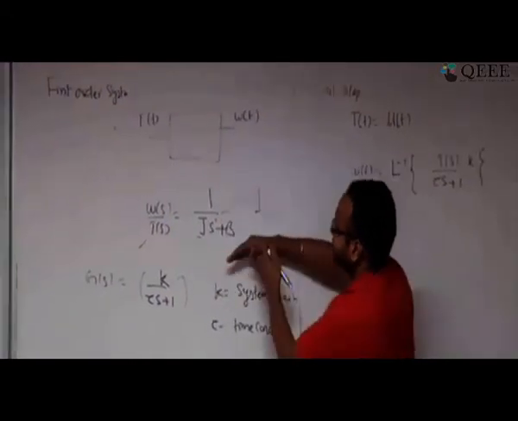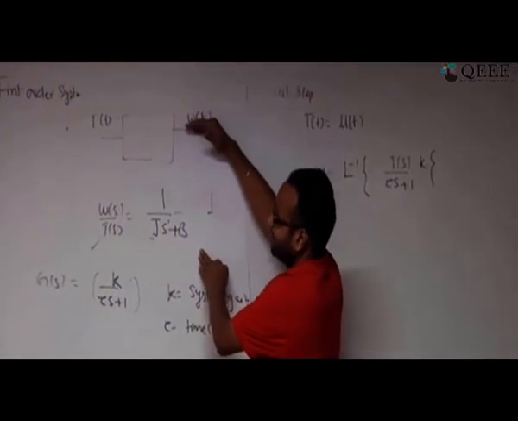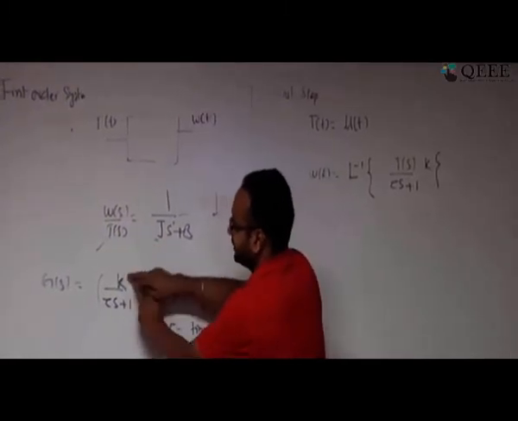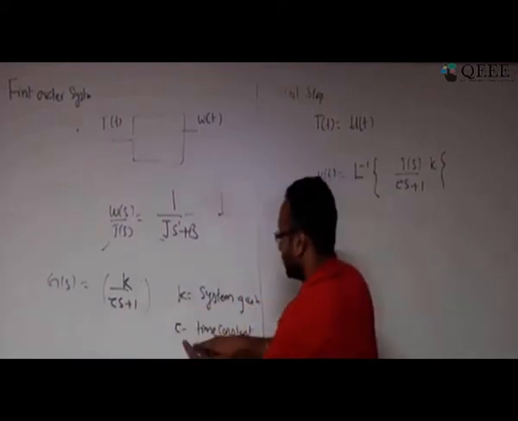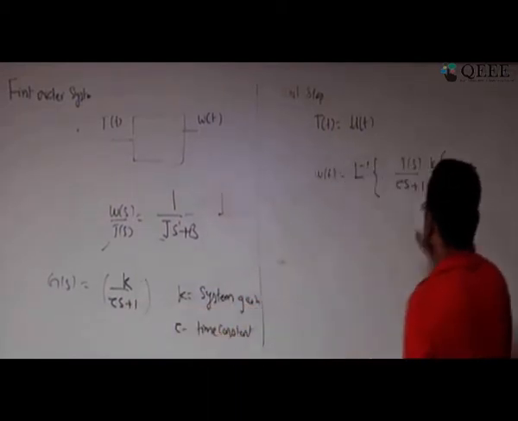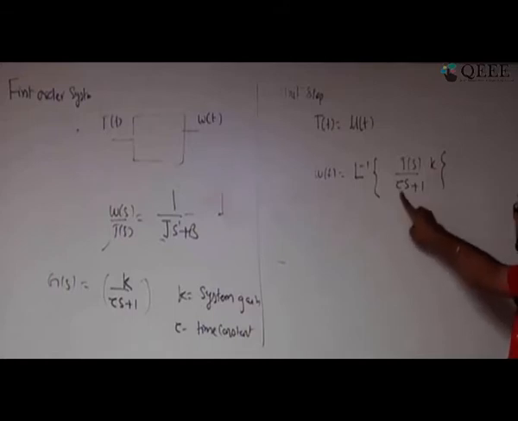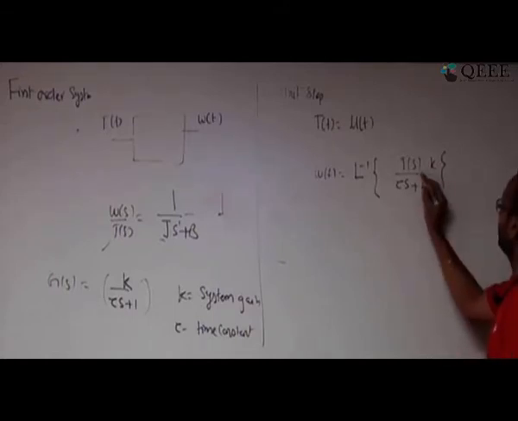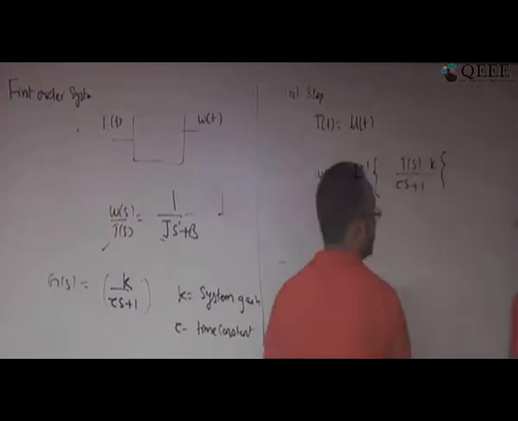So from here onwards we will leave aside whether this is a mechanical system or an electrical system. I am just talking about a first order system, and there are two parameters involved, k and tau. K is known as the system gain, tau is known as the time constant. This is the first order system, with input torque T(s). Now T(s), as I mentioned, fine.